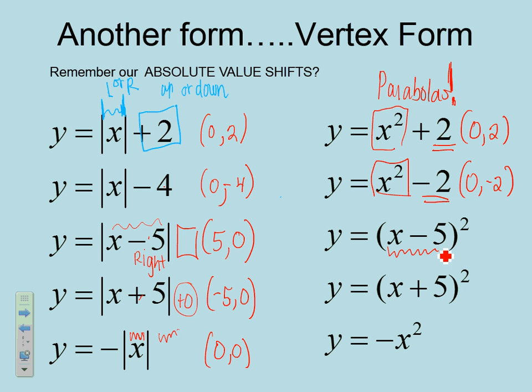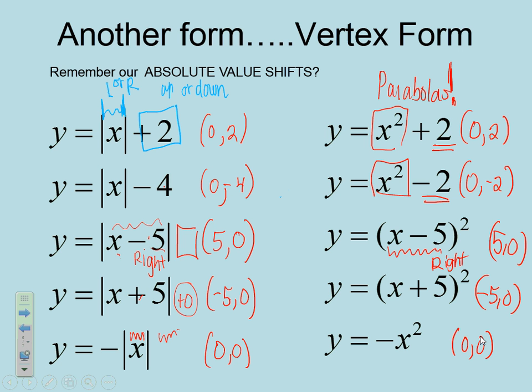Now this one kind of looks like this one over here, and so if this was a right shift on the absolute value, guess what this one is? It's also a right shift. So it's 5, 0. This one would be negative 5, 0. This one doesn't have a left or right shift or an up or down shift, so it would be 0, 0.